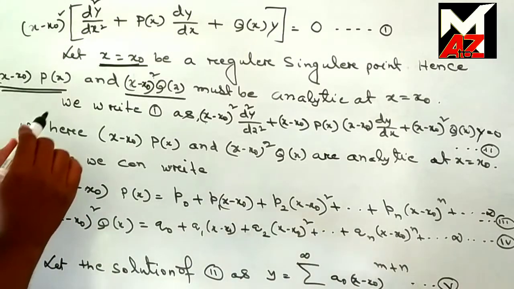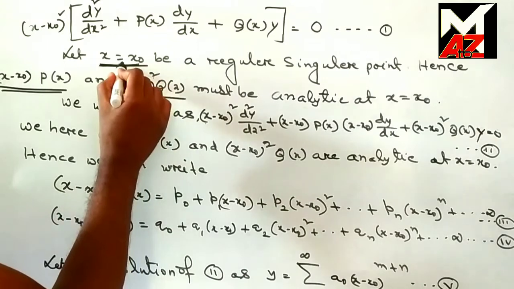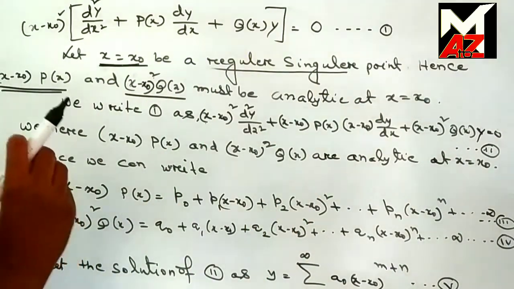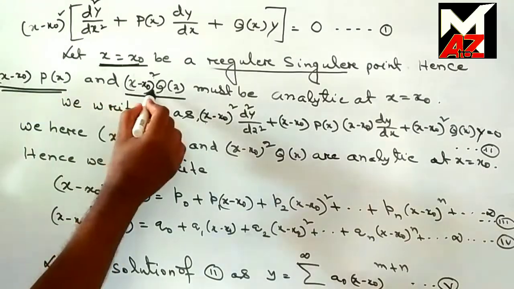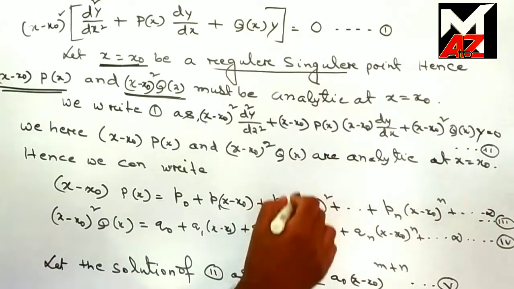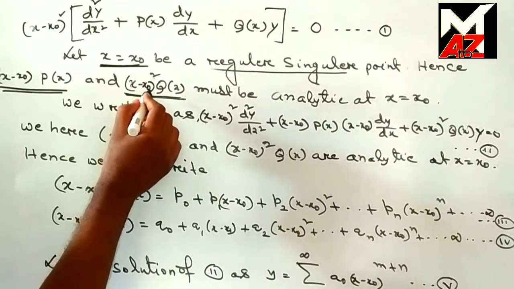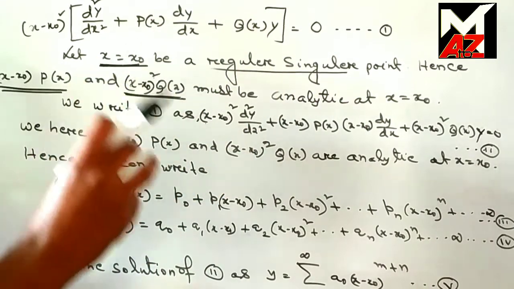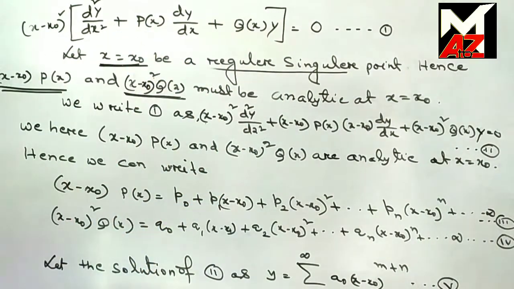Now since x0 is the regular singular point, this and this must be analytic at x equal to x0. That is, they must be differentiable at x equal to x0 and also in the neighborhood of x equal to x0.